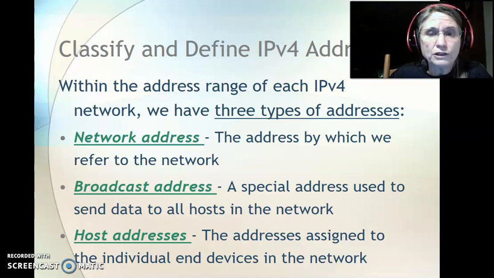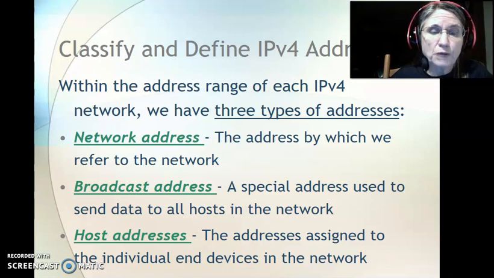Within address ranges in this IPv4 addressing scheme, we're basically concerned about 3 types of addresses: the network address, the broadcast, and the individual host addresses. The network address is what it sounds like.